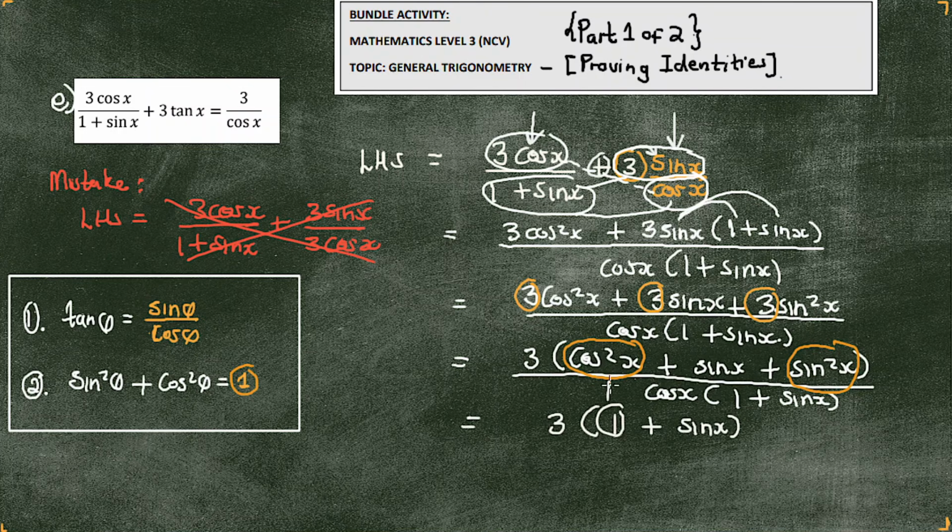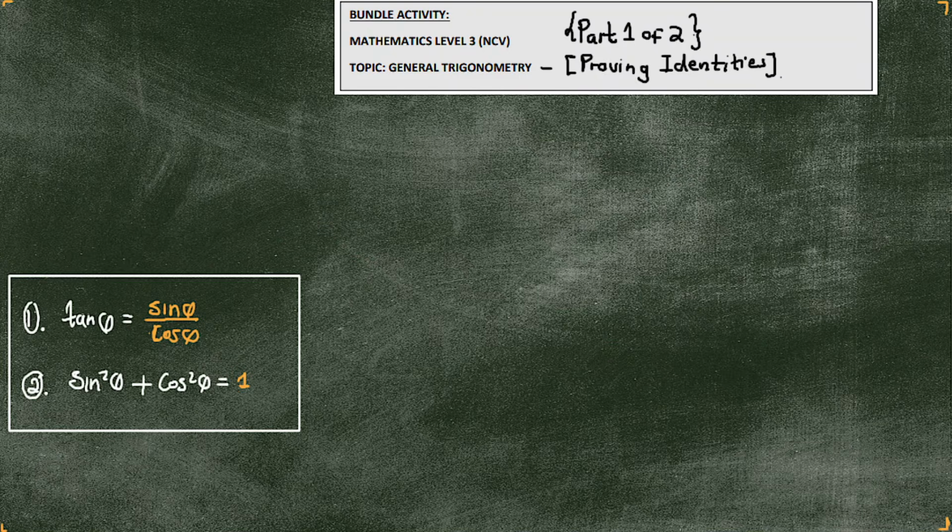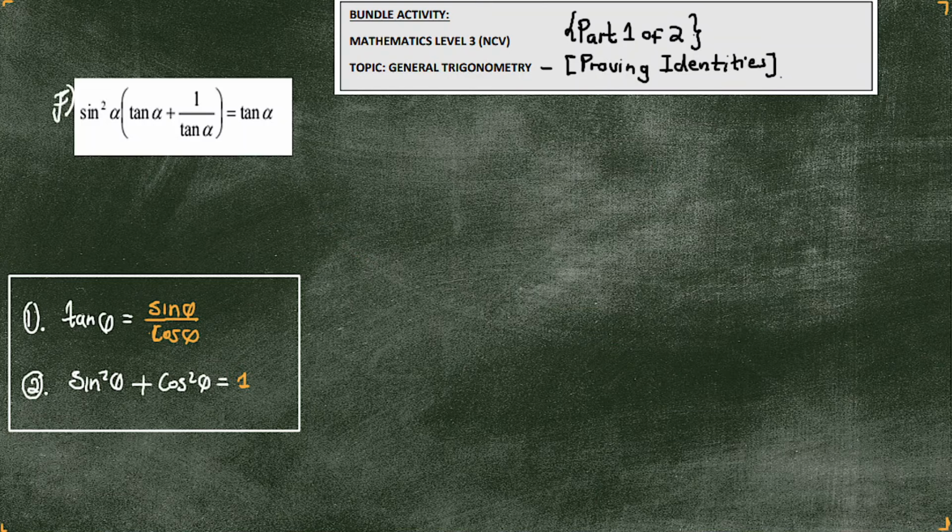This one is coming from this and that. Divide by cos x, 1 plus sine x. So 1 plus sine x gets divided by 1 plus sine x. I'm now left with 3 over cos x, which is similar to the right hand side, isn't it? Okay, that's f.